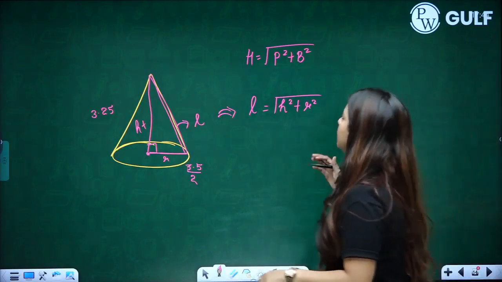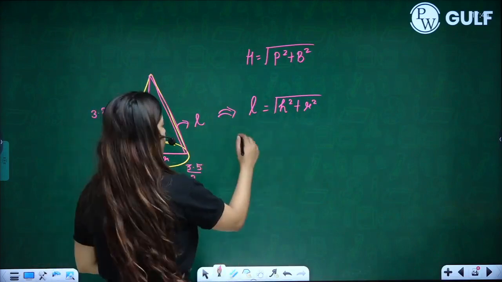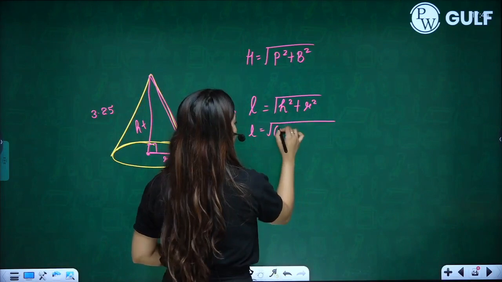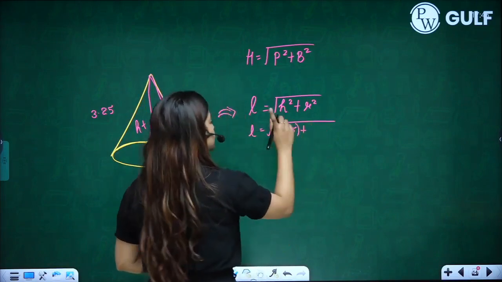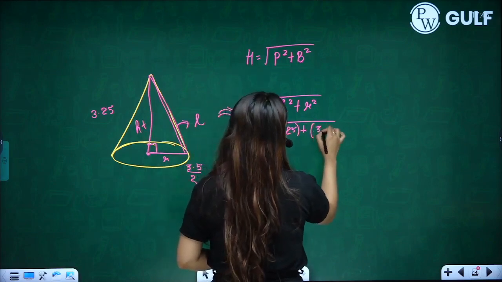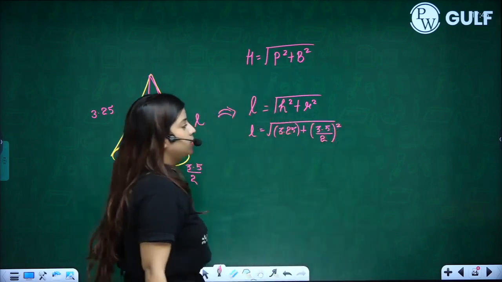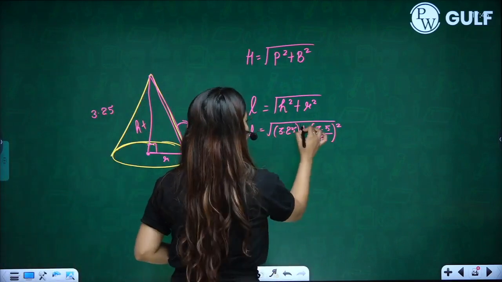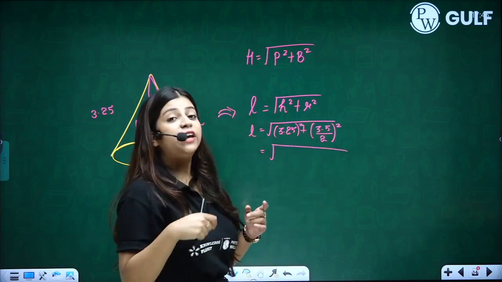So let's see. L is equal to under root of h square plus r square. So L will be equal to under root of h square, that is 3.25 square, plus r square, that is 3.5 by 2 square, right? So we will be calculating 3.25 square.